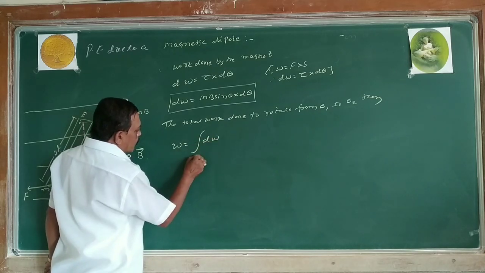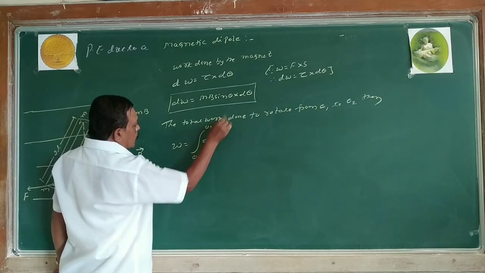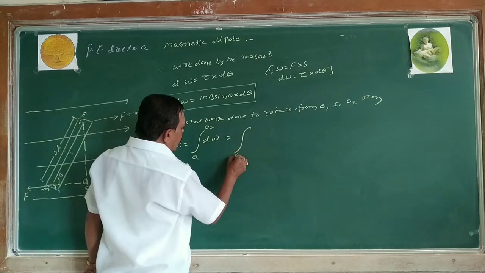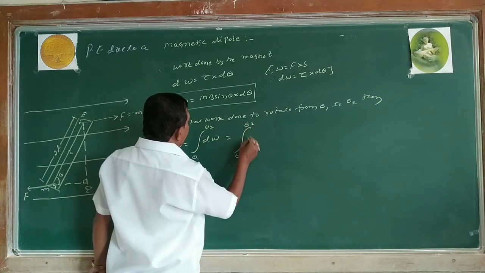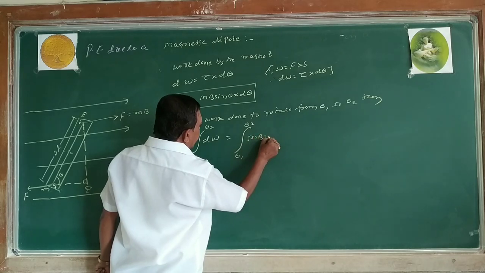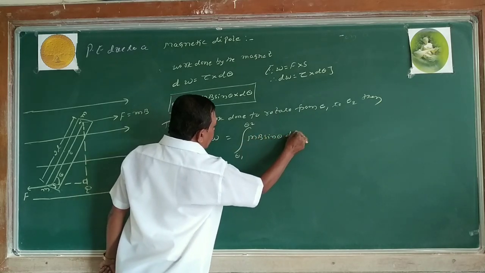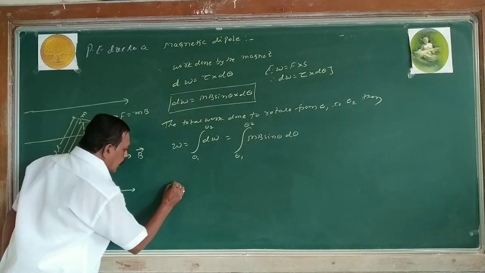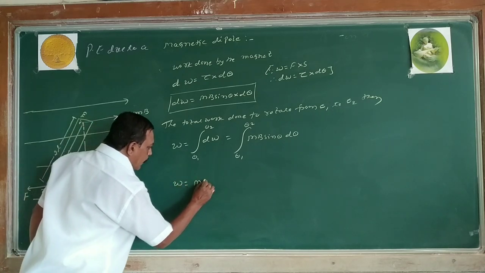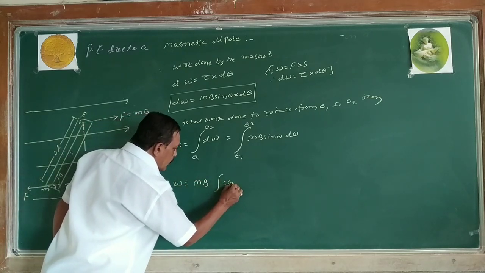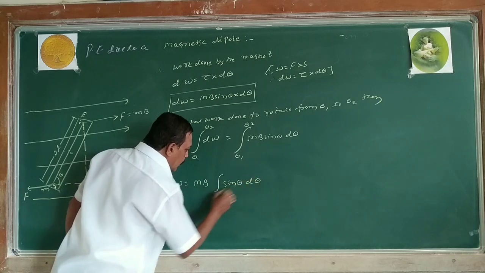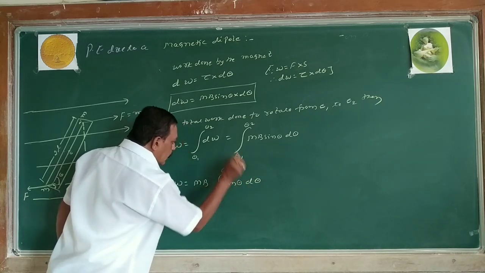The initial position is theta 1 and the final position is theta 2. So W equals the integral from theta 1 to theta 2 of mB sin theta d theta. Constant factors are taken out of the integration, so mB times the integral of sin theta d theta from theta 1 to theta 2.